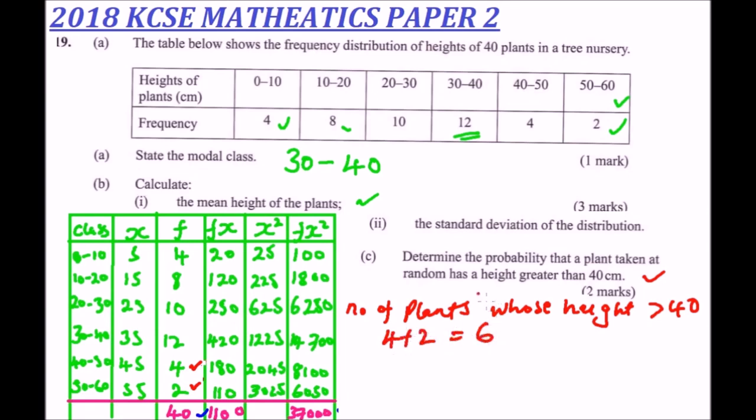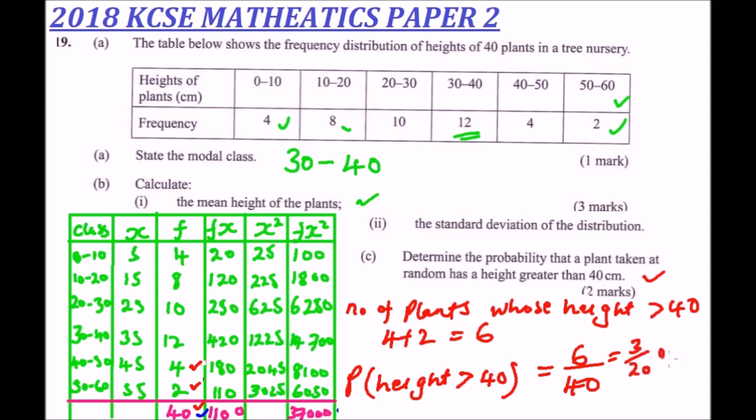So 6 primes. Therefore, the probability that the height of a prime is greater than 40 is equals to the number of primes that have that height, those are 6 primes, divided by the total number of primes, that is 40, and that will give us 3 over 20 or 0.15.